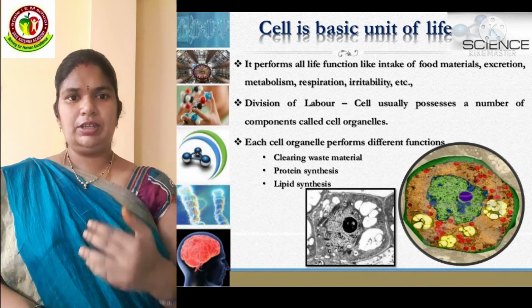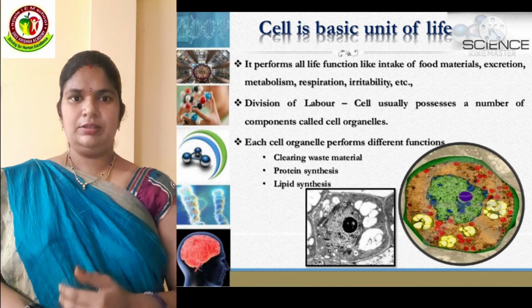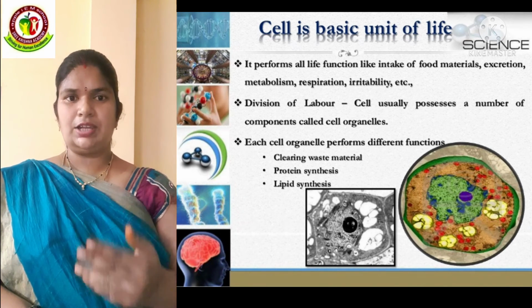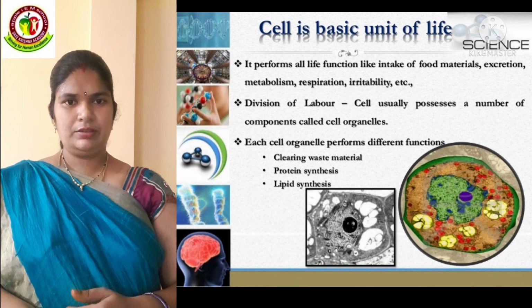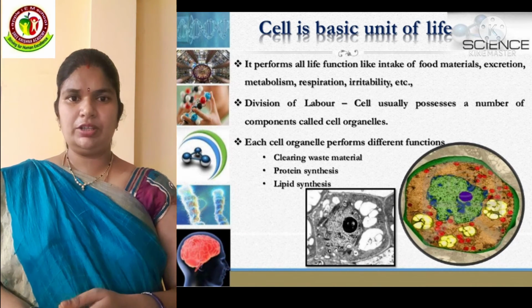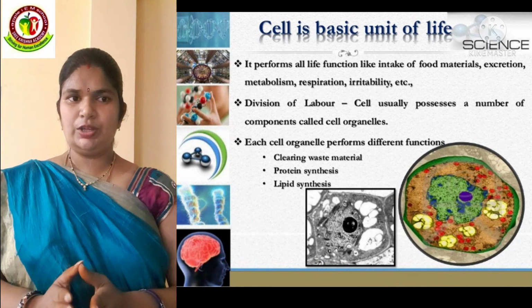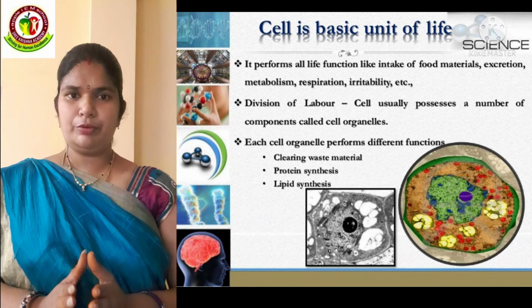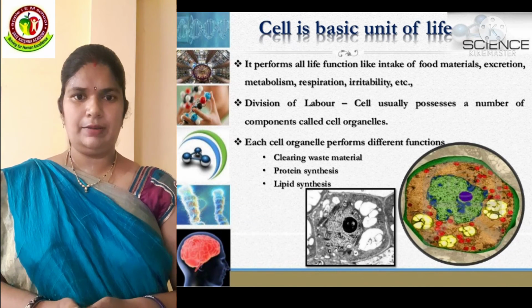The three main important components of the cell are the cell membrane, cytoplasm and nucleus. And what do cell organelles do? They perform different functions like clearing the waste materials, they help in protein synthesis, and they help in lipid synthesis of a cell.